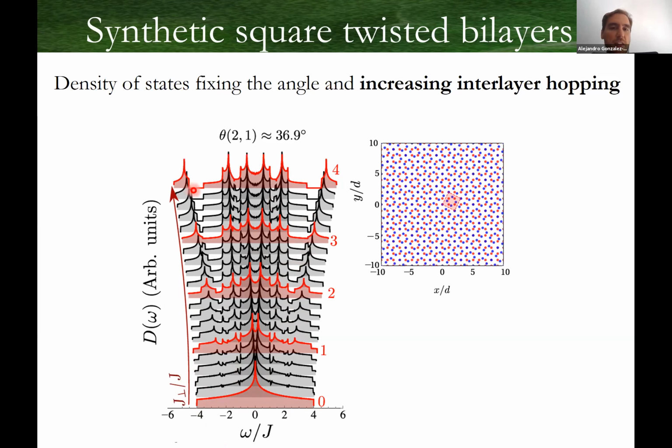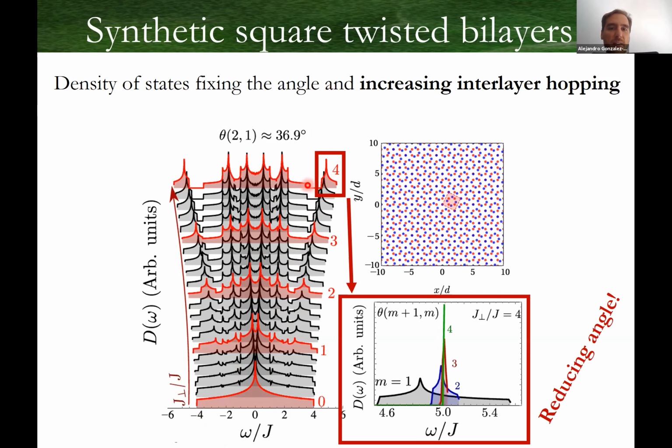And in fact, you can study what happens if you decrease the angle, for example, what happens with this isolated band as the angle decreases for a fixed, large interlayer hopping. And you see that it also becomes narrower, like what you would expect. As you increase this parameter m, the angle is becoming smaller and smaller, and you get narrower and narrower bands. So that's one thing.